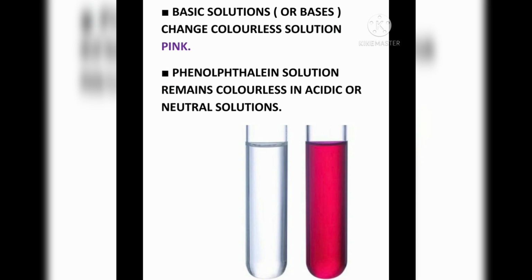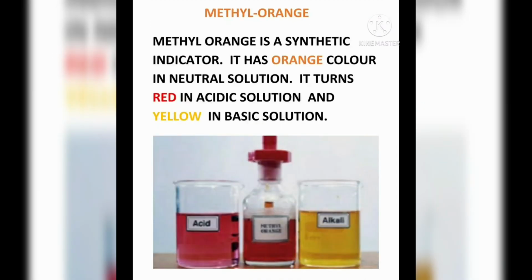If we take in a test tube the colorless phenolphthalein solution and add a few drops of sodium hydroxide with the help of a dropper, then what we will see? We will see that when sodium hydroxide is added to the colorless phenolphthalein solution, the indicator changes its color from colorless to pink.